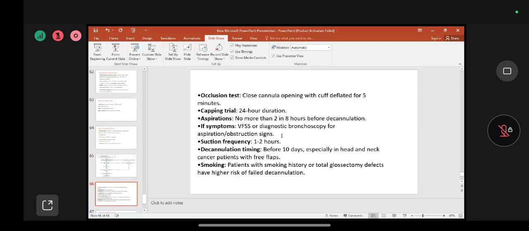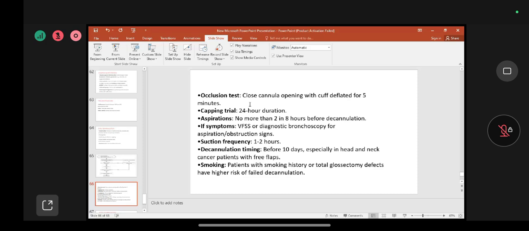In the occlusion test, close the cannula opening with the cuff deflated for 5 minutes. If there is no obstruction, then we should start for the decannulation, and a capping trial for 24 hours.